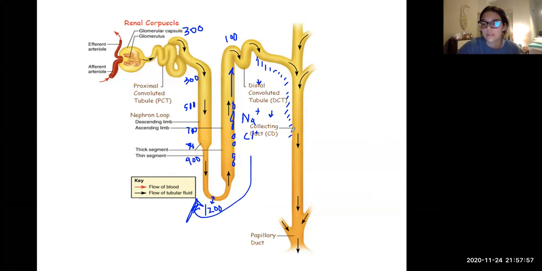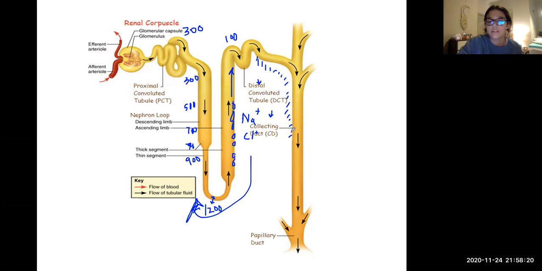Right. The reason why the solute leaves and goes into the interstitial fluid is to maintain the gradient, so that the gradient doesn't get washed out and it doesn't dilute. Remember how in the descending limb we were taking a bunch of water out of the tubule, which starts to dilute it, correct?